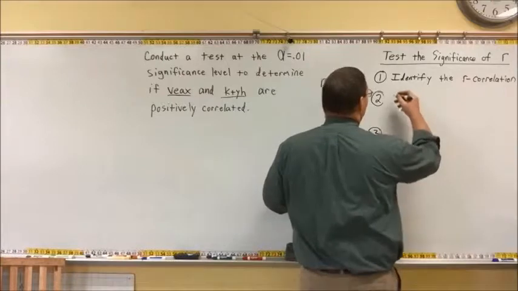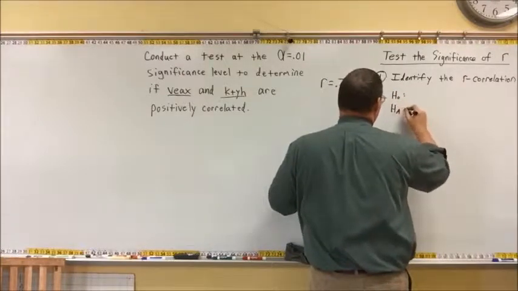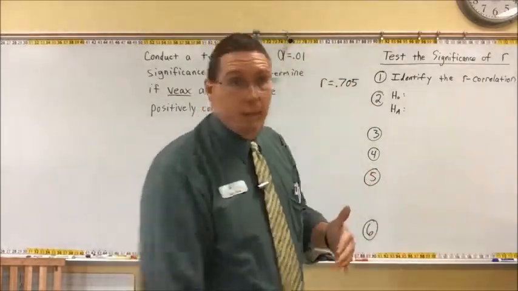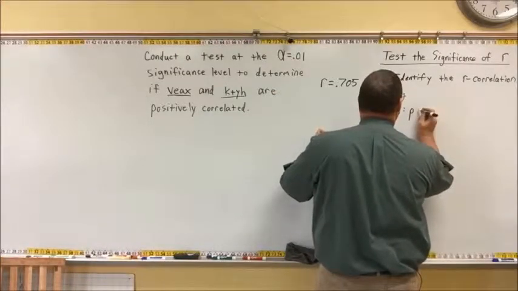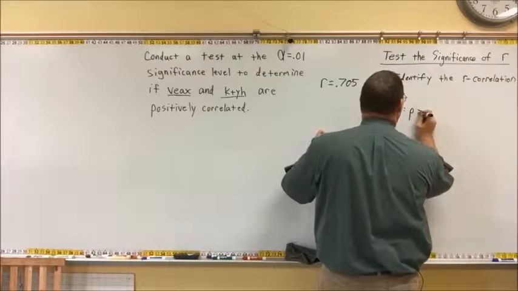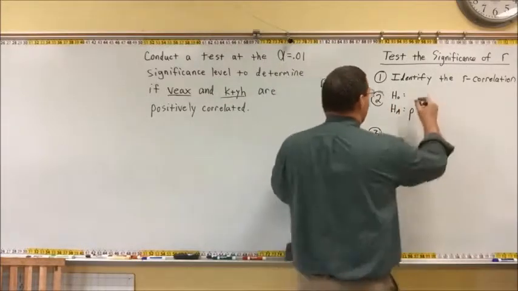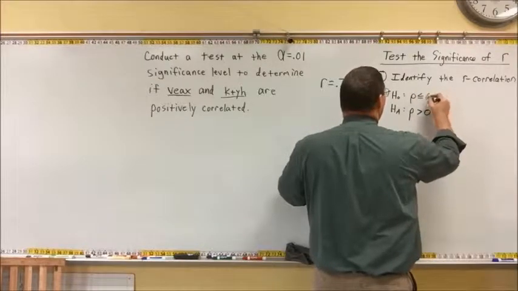Now we're going to do our hypotheses, our null hypothesis and our alternative hypothesis. The alternative hypothesis is we're testing whether the population correlation, rho, is positive. So positive means greater than 0, which means our null hypothesis would be the opposite of that, which would be less than or equal to 0.